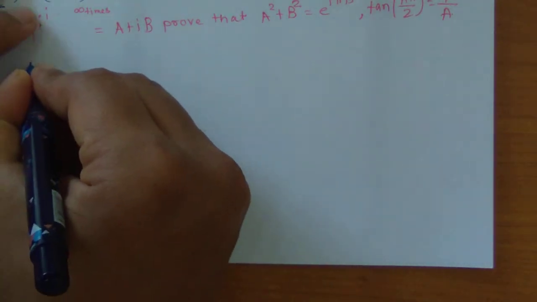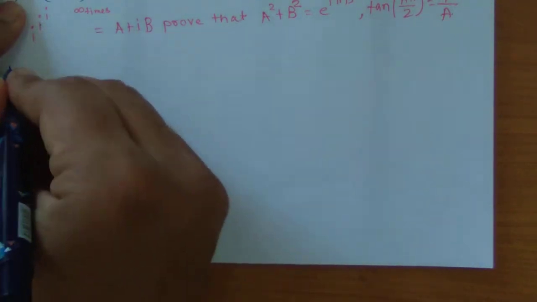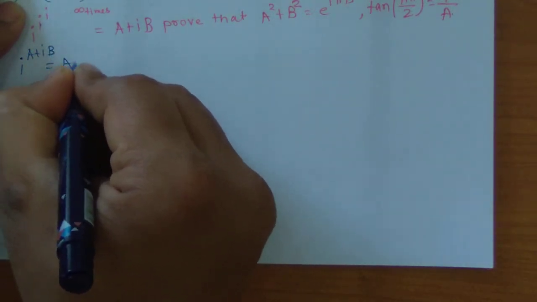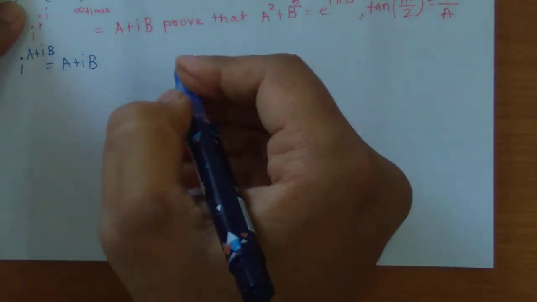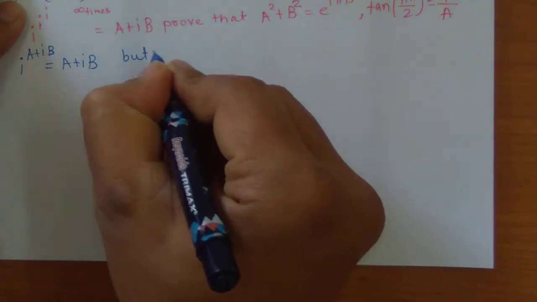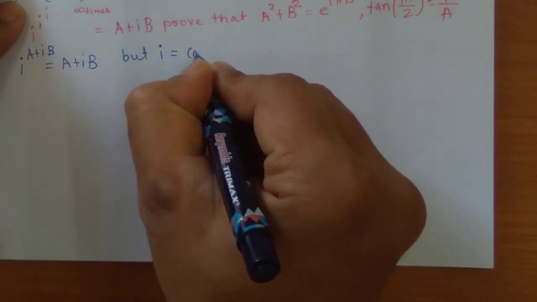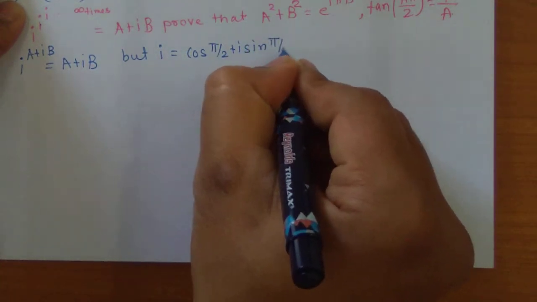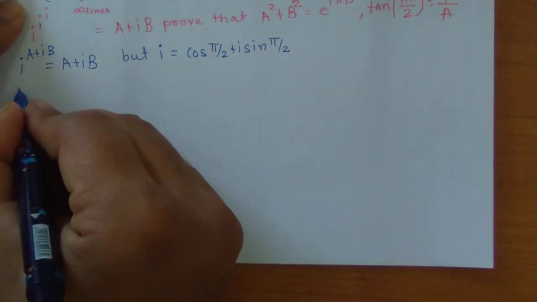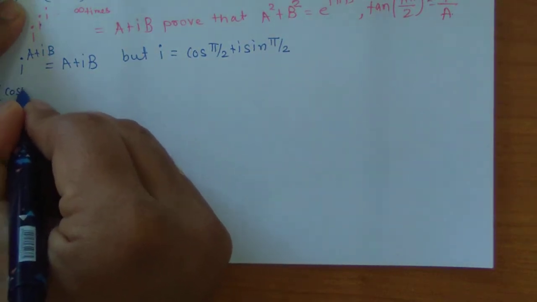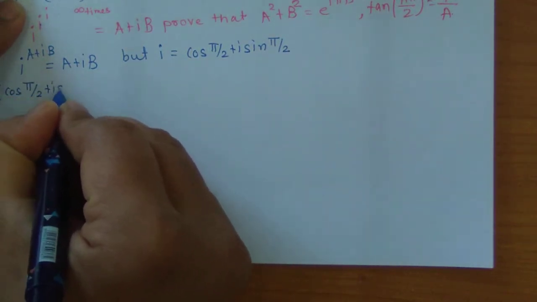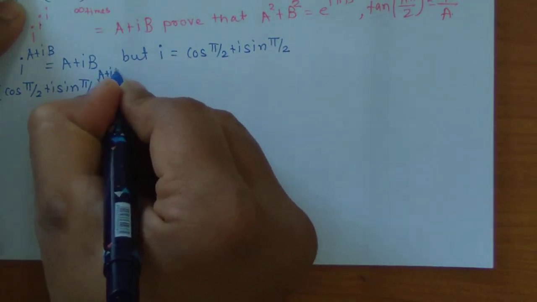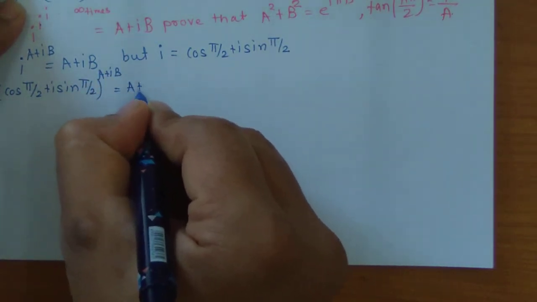So therefore, since this is given, i raised to a plus ib is equal to a plus ib. But from the previous example, i is equal to cos pi by 2 plus i sin pi by 2. Therefore, here what I am getting? Cos pi by 2 plus i sin pi by 2, bracket raised to a plus ib, is equal to a plus ib.